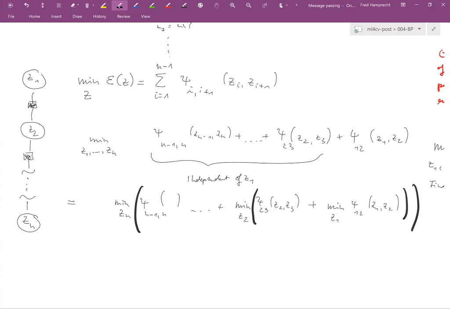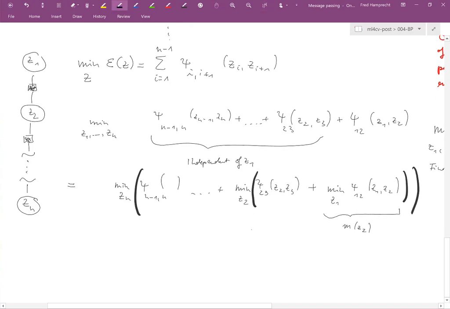Okay, and now if we look at it abstractly, this psi 1, 2 is a function of variables 1 and 2, but I minimize over just Z1. So effectively, I get a function which depends on Z2. So I get a function which I'm calling m here of Z2.